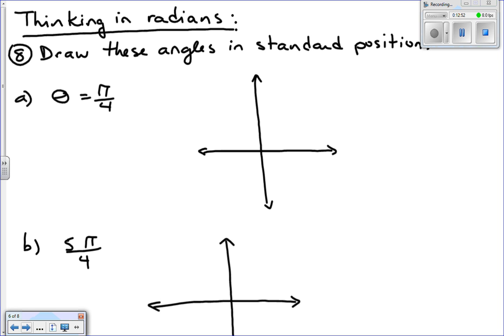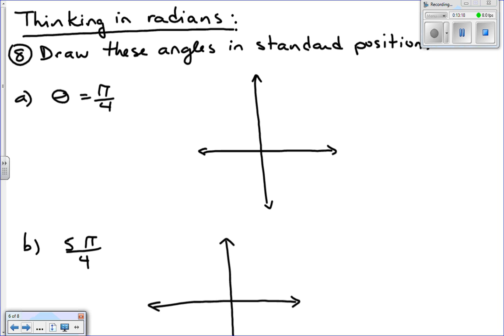So we want to draw these angles in standard position. We don't want to think in terms of degrees. So get that out of your mind, and we want to think in terms of radians only. So I've got theta is equal to pi over 4. So that's a quarter of pi. And remember that there's 2 pi radians in a full rotation.